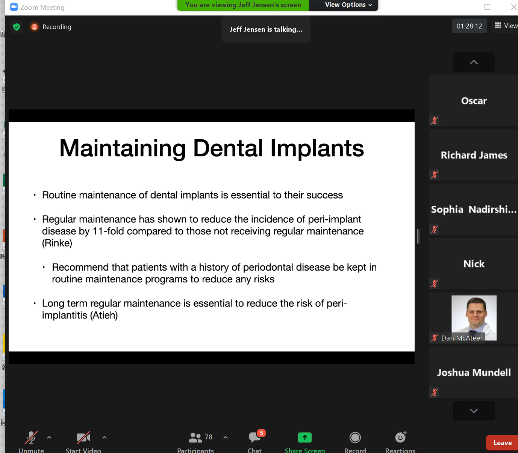If patients have a history of periodontal disease, they should be kept in their routine maintenance, which is probably more frequent than someone without, because they have that risk of periodontitis, and that can carry over into peri-implantitis. There are plenty of studies out there that show that long-term maintenance is essential in reducing the risk of peri-implant disease.